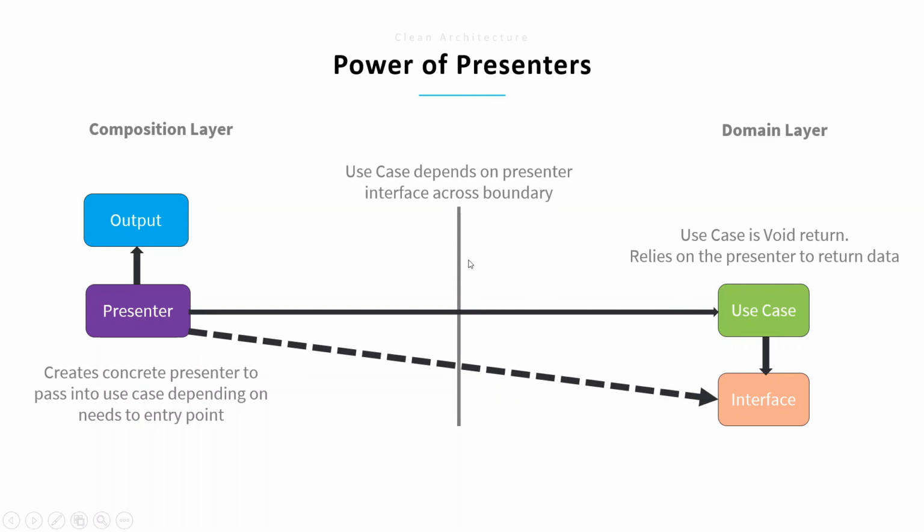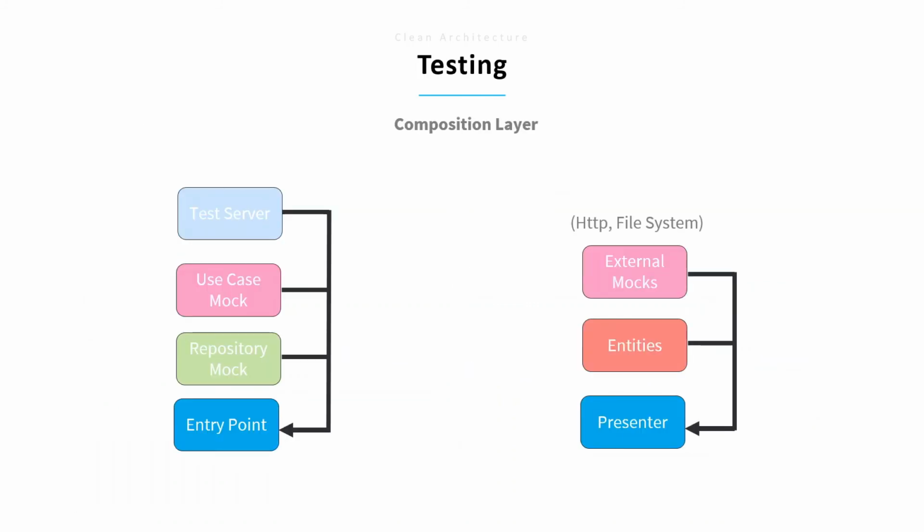Quickly, testing. Because it's a testable architecture, one of the ways I like to think about testing the composition layer is I've got a test server. Probably have a use case mock, because at this level, at the outer API level, I just really care: is it doing authentication correctly? If it needs to do some kind of advanced error handling, is that happening?